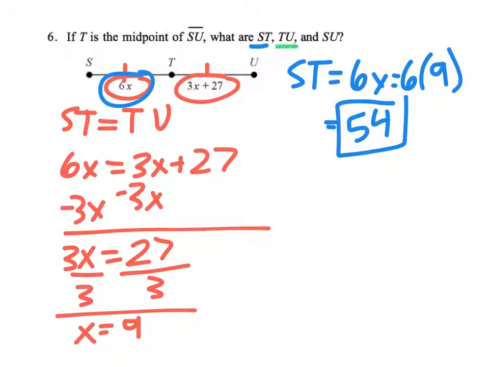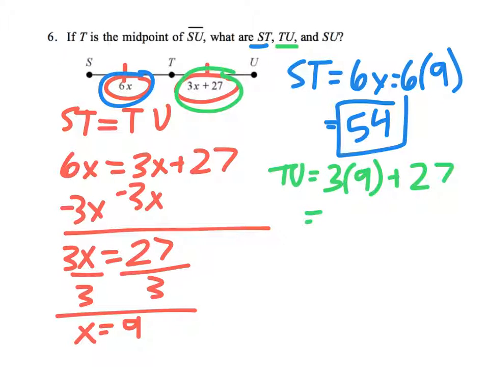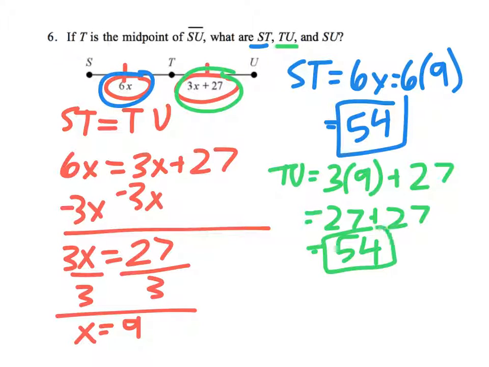Then they want to know what TU equals. Here's my equation for TU. So TU equals 3 times 9 plus 27, which is the same as 27 plus 27, which is 54. And that's a good thing because this point T cut my line in half.